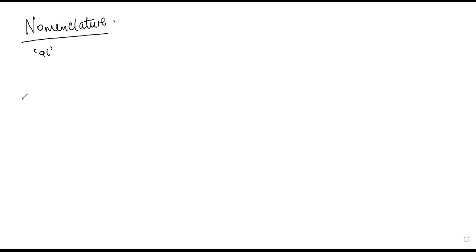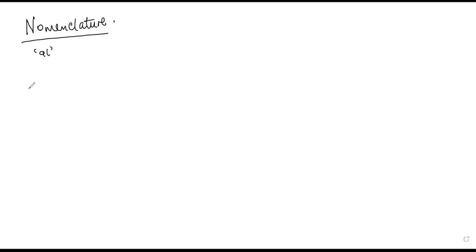So, where you would have ethane, for us we say ethanal in this case. The main carbon chain is named as usual, and the carbonyl carbon is considered as carbon number 1.